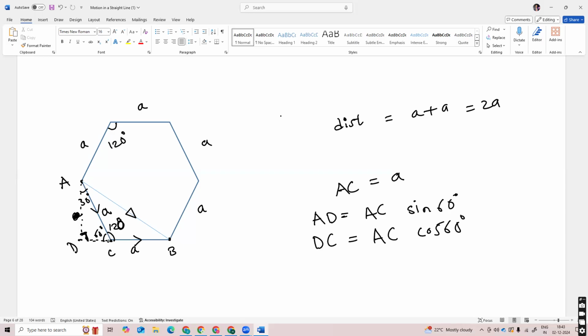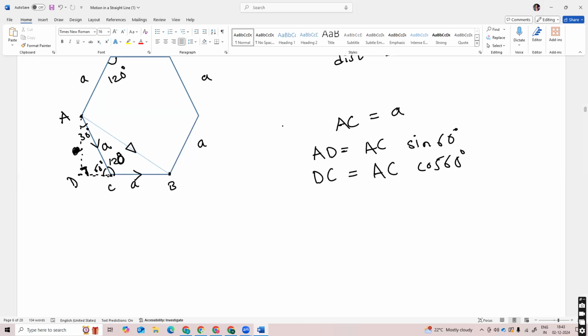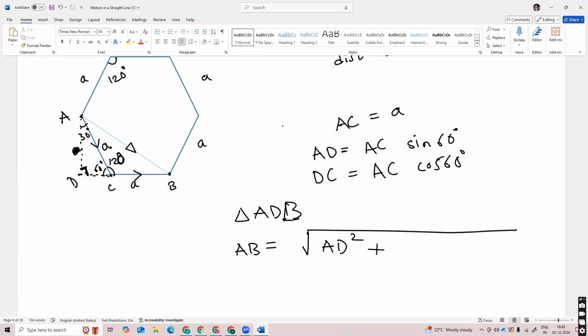So if we have to find out this distance from A to B, we will consider the right angle triangle ADB. In this right angle triangle ADB, using the Pythagoras theorem, AB is equal to the square root of AD square plus DB square.